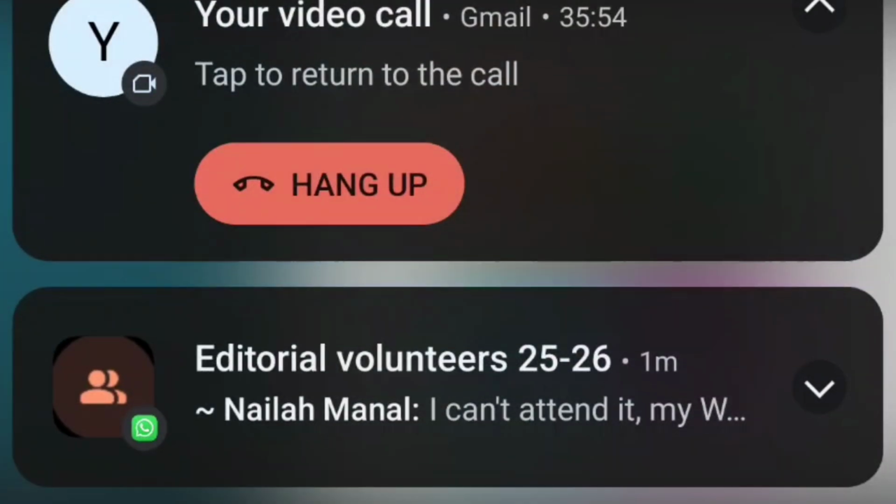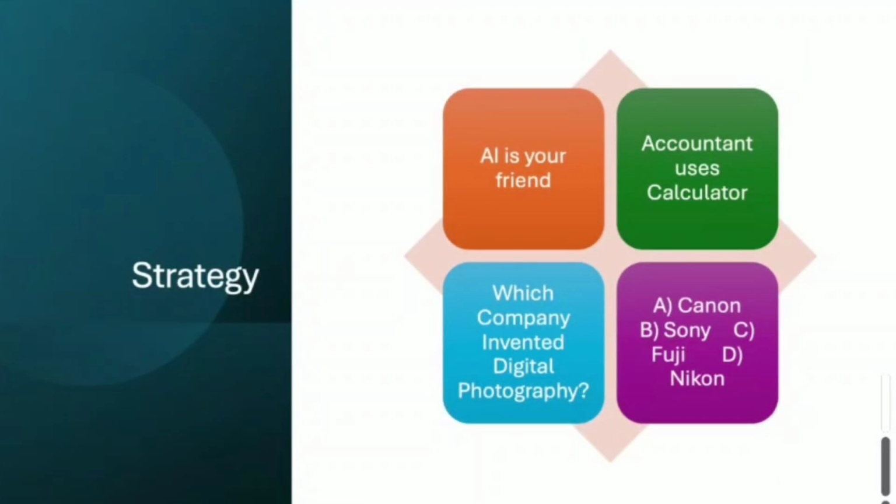All these, as you know, are leaders in digital photography, right? But the irony is, digital photography was invented at Kodak. Kodak, as you know, was the leader in film cameras, and digital photography was invented in that.